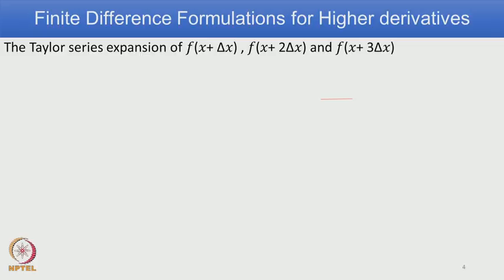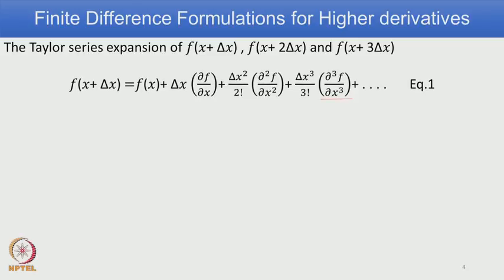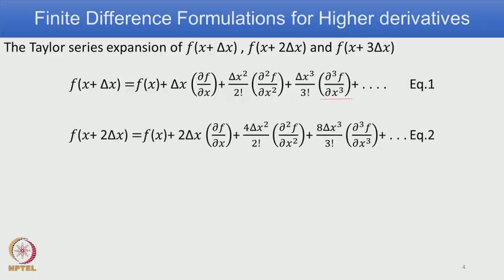So, Taylor series expansion is written for 3 different spacing, f of x plus delta x, f of x plus 2 delta x and f of x plus 3 delta x. By now you are familiar with how to write Taylor series expansion in any direction, either forward or backward. You are also familiar with the procedure to get any difference formula.